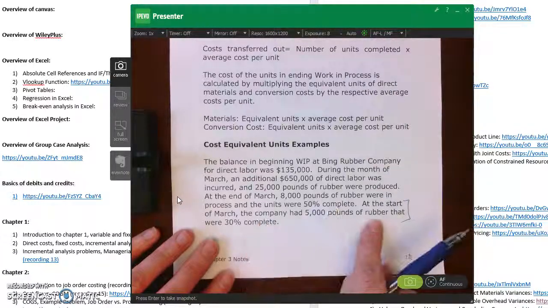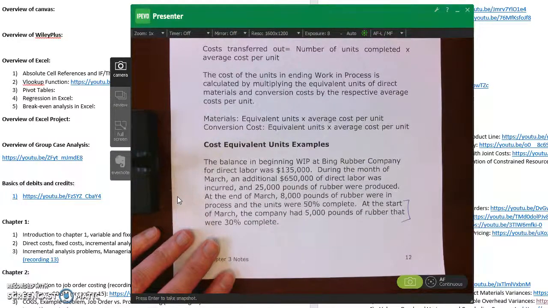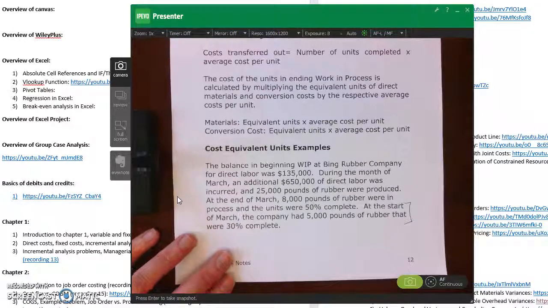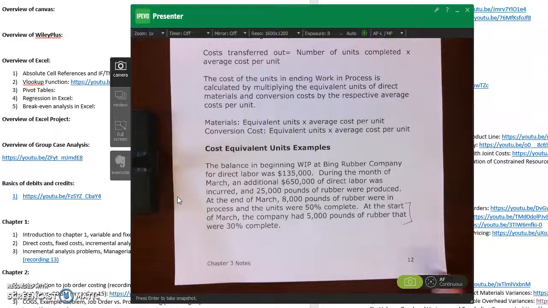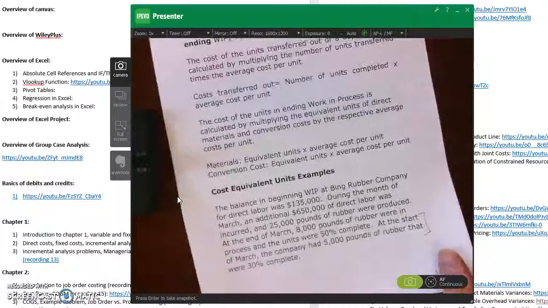The number of units in beginning WIP doesn't matter. It's in there to see if you know what's relevant and what's not. Now, if we were doing first in, first out, then it becomes a different story, okay? But we're not. We're doing weighted average process costing, which is what your chapter covers.